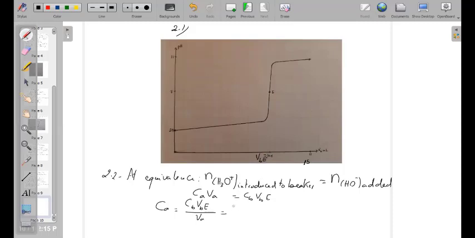Cb is 4 times 10^-2, VBE equals 10.4 over Va equals 10. So 4 times 1.04 gives 4.16 times 10^-2 mole per liter. This is the molar concentration of sulfuric acid in the prepared solution.